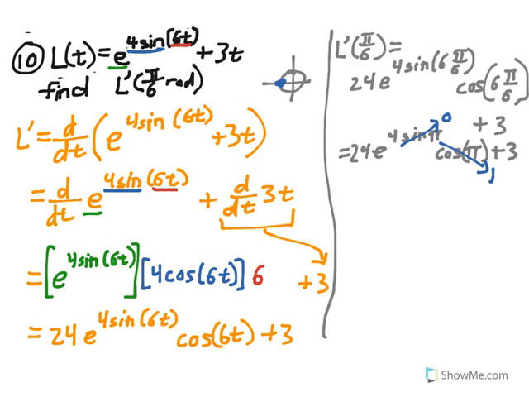So we got 24 times e to the, let's see, 4 times 0 is 0, times 1 plus 3, and so this is going to be 27.